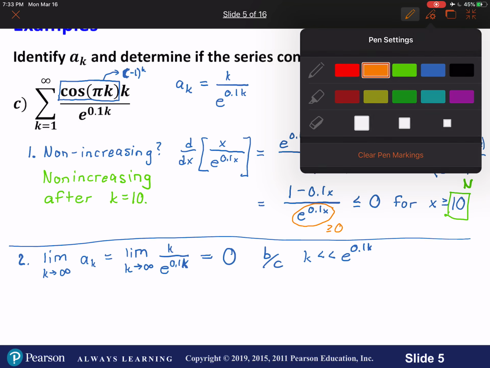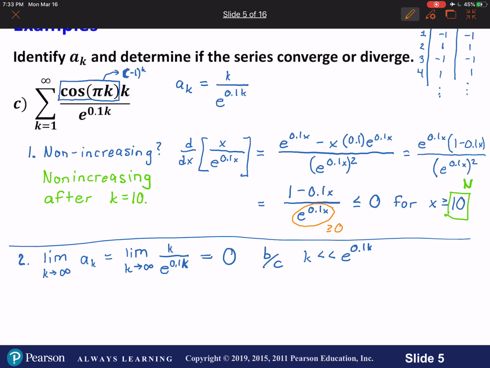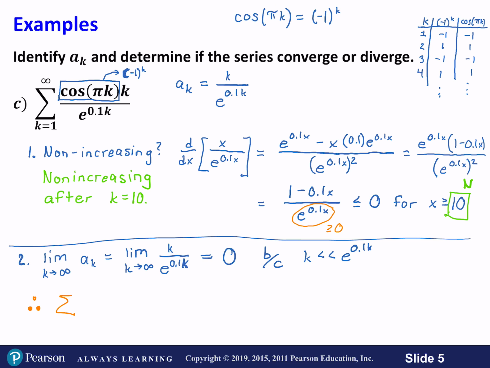We're going to write that, therefore, the sum from k equals 1 to infinity of cosine pi k times k all over e to the 0.1k converges by the alternating series test. And yes, you can abbreviate that on an exam.